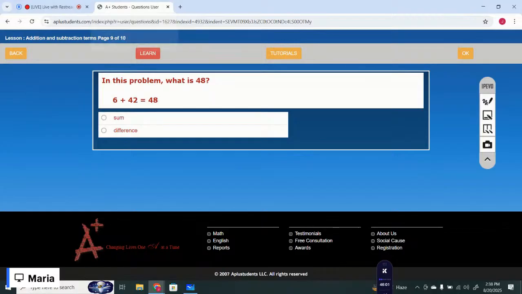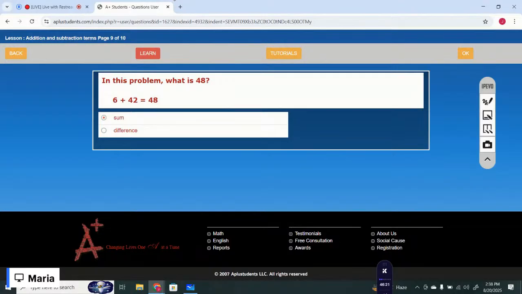In this problem, what is 48? 48 is the sum.